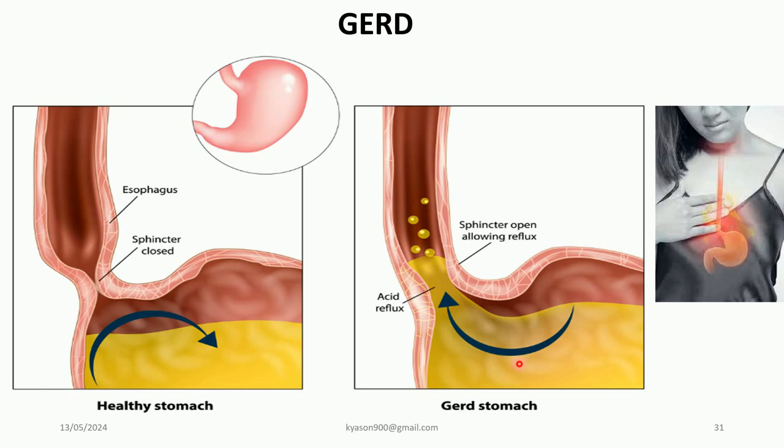Then also patients with peptic ulcer disease. If a patient has peptic ulcer disease, obviously there will always be so much acid in the stomach, and that acid always weakens this sphincter, and that's why those patients always complain of heartburn.